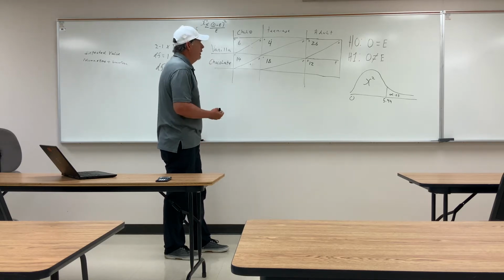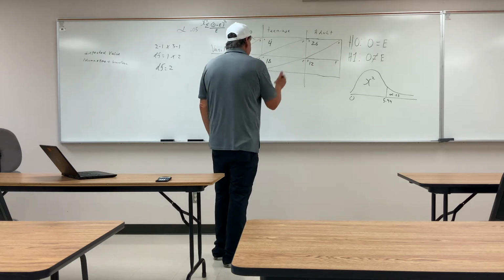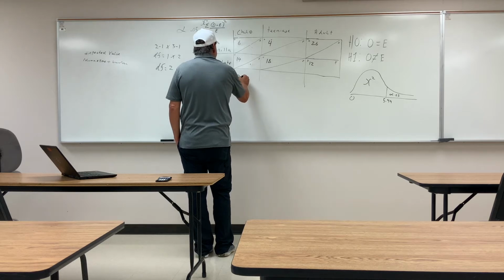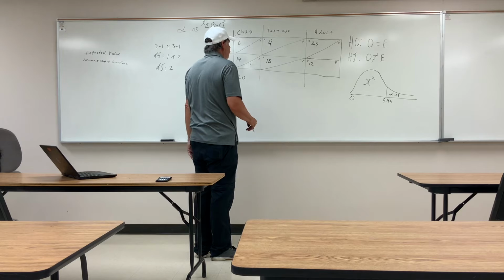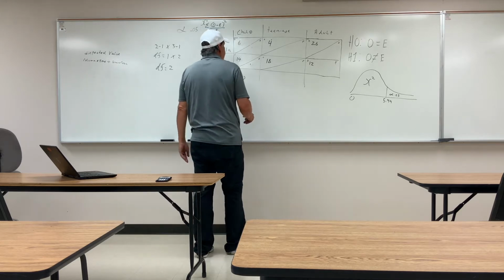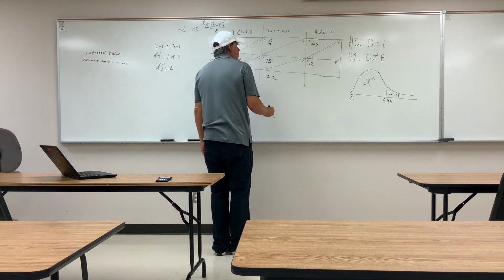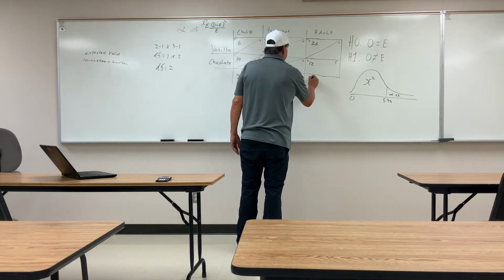So now, in order to get the expected values, what I have to do here is add these columns up. So 18 and 4 is going to be 22, and then 26 and 12 is going to be 38.